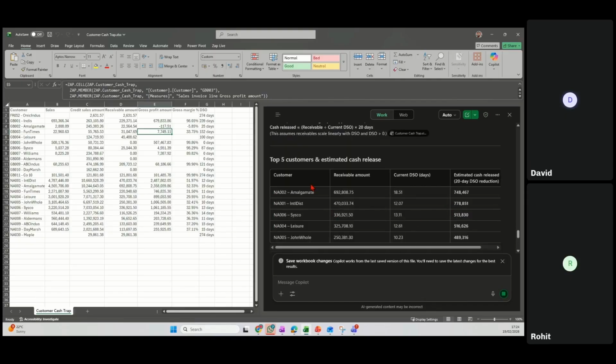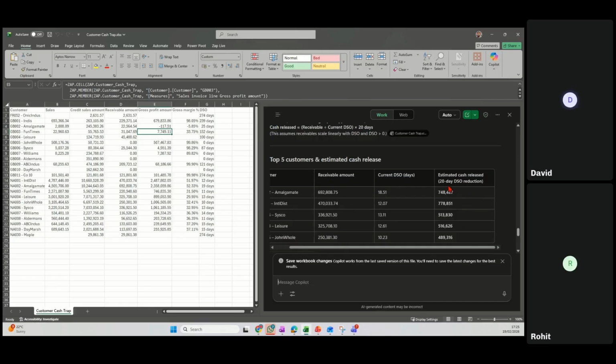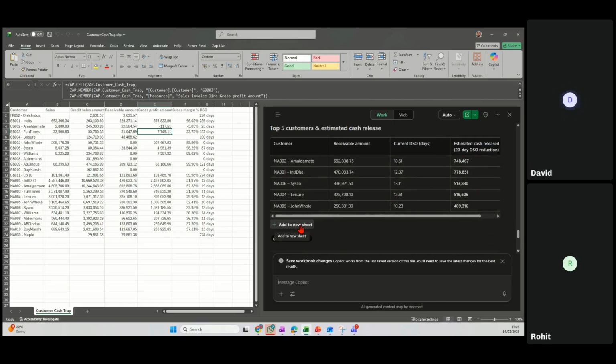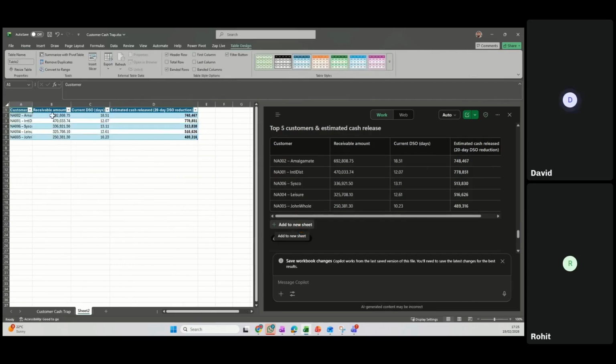I have here this table, which is the scenario that it's creating. This is the receivable amount, the days sales outstanding, and this is the estimated cash released if we make that improvement. I can add this even to a new sheet. So again, all of these reports that we're creating are based on the SAP reports, right? They were already analyzed.